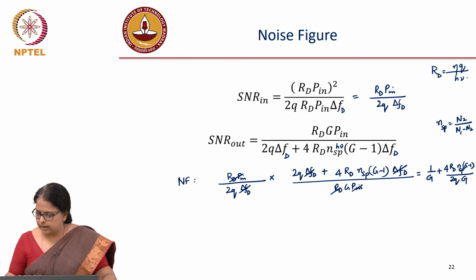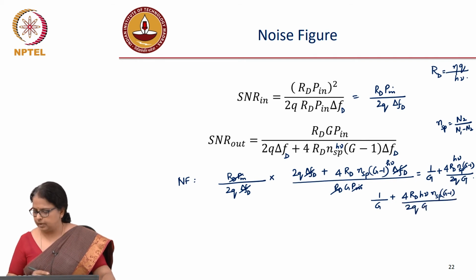So, what I would have is also an h nu here, and q times h nu in the numerator here. So, essentially it will be 1 by G plus 4 R_D, this numerator term will have h nu N_SP (G minus 1) divided by 2q times G.